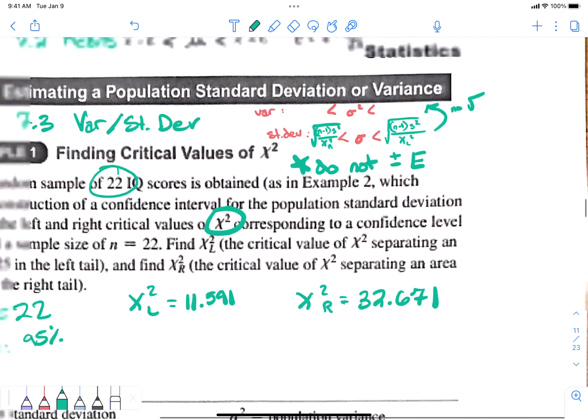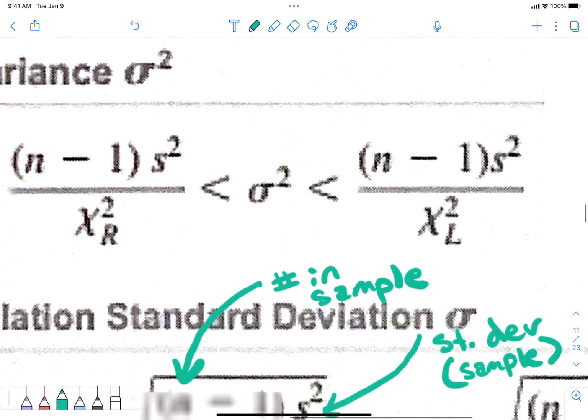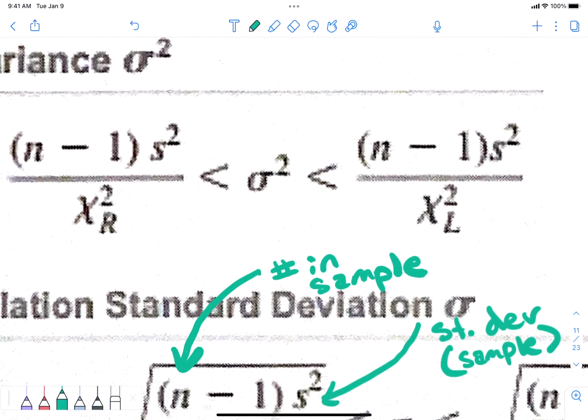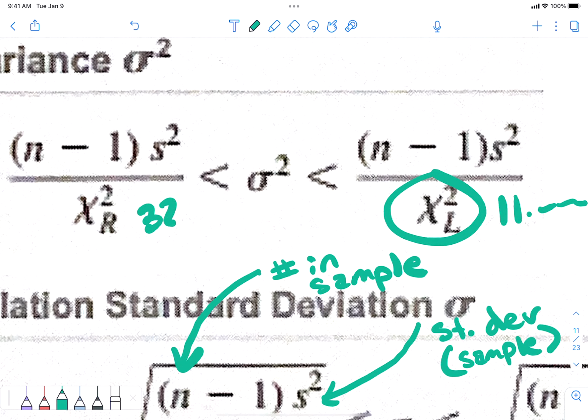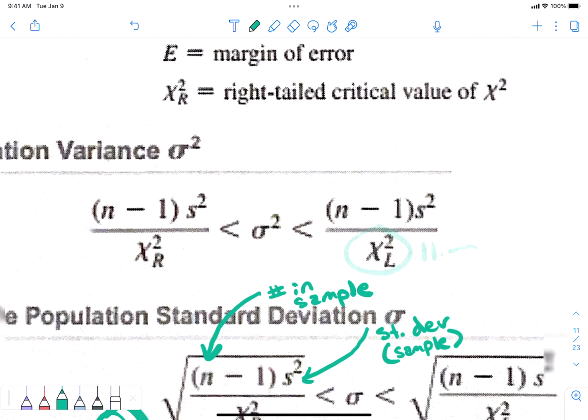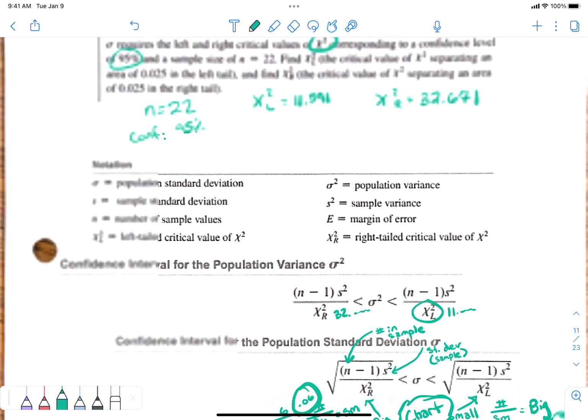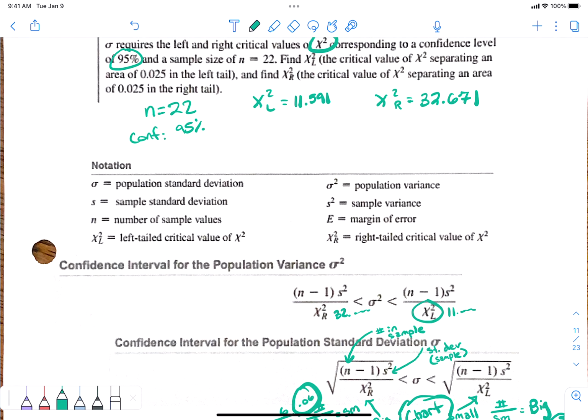So in the formula, when we go down here, Erica, do you see this? The left one goes over here. So this would be your 11 point whatever, and this would be your 32 point whatever. Does that make sense? Do you see how they're switched in the formula? So the left one doesn't go on the left in the formula. The right one doesn't go on the right in the formula, right? Okay, but when you get them off the chart, the left one is the left and the right one is the right. Make sense? Clear as mud?